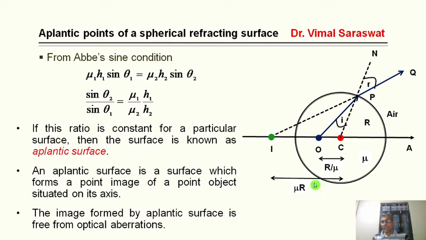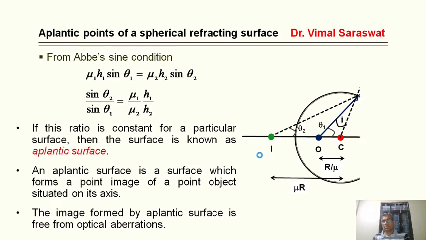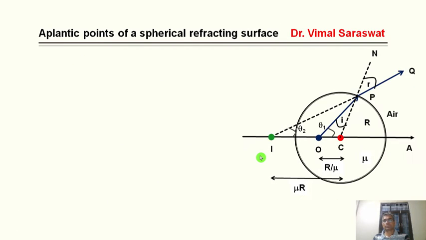So if the object is at r by mu distance, then the image will be formed at mu r, and this image will be free from any optical aberration. Let this angle be theta 1 and this one be our theta 2. Now, this was our diagram.